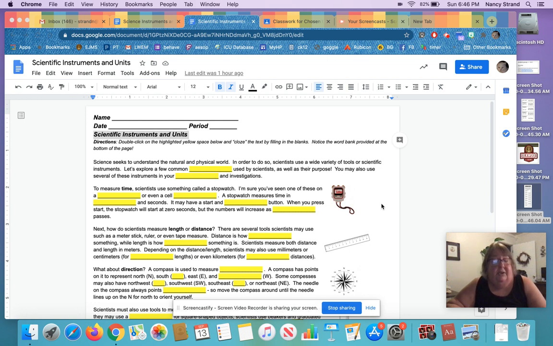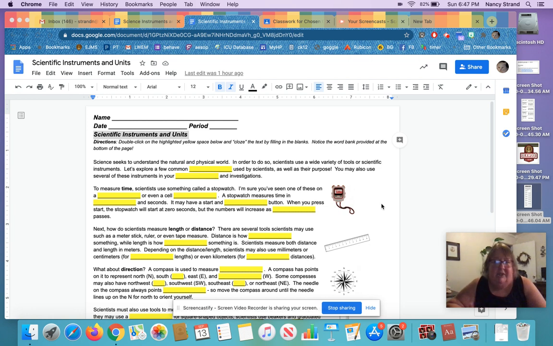Scientists must also use tools to measure volume, which is how much space an object takes up. Now, last week we were talking about the soda cans, each of them had a volume of 12 ounces, because that's not weight.